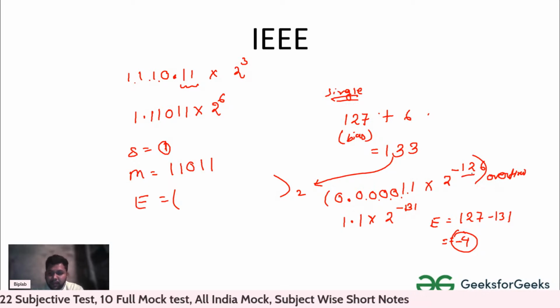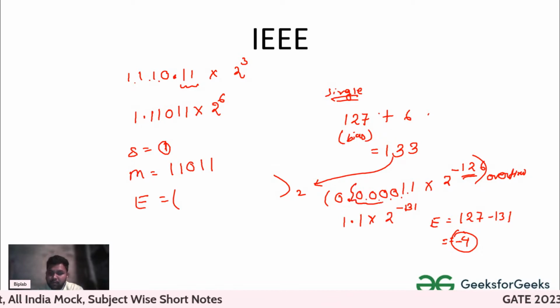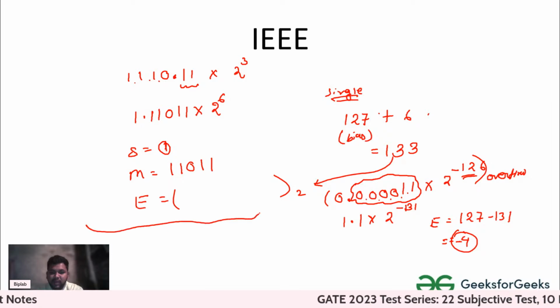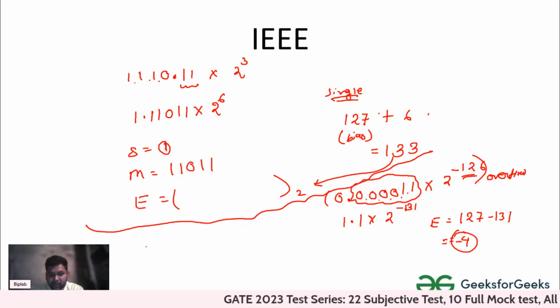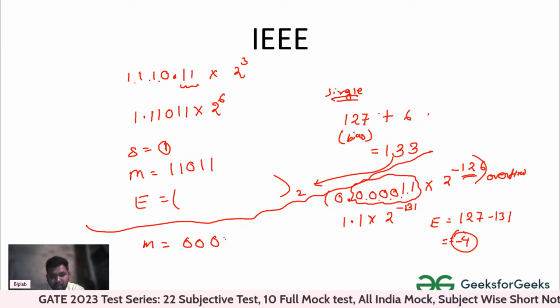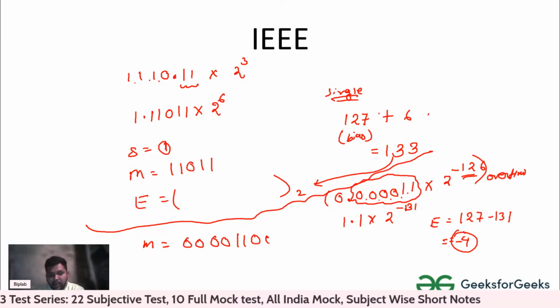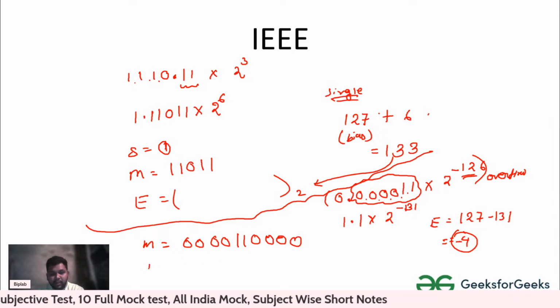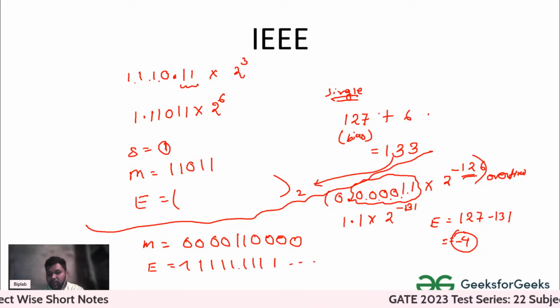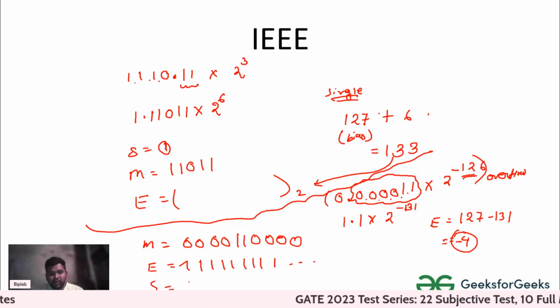You keep the power at minus 126, and the whole data coming on the mantissa side, you store it in the mantissa. Let's write it here. Your mantissa now will be 0000011, then all zeros. Your exponent will be all ones, and the sign bit will be 1.